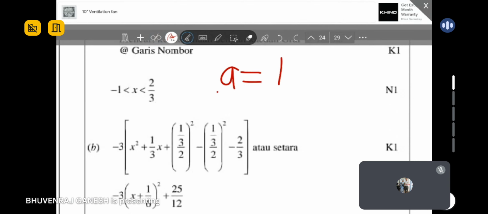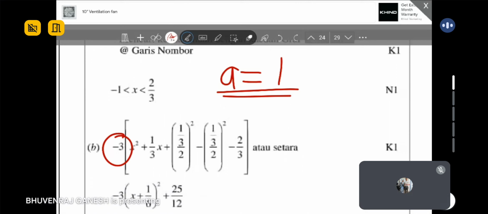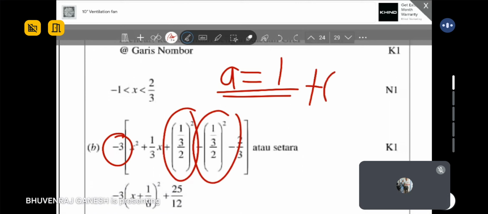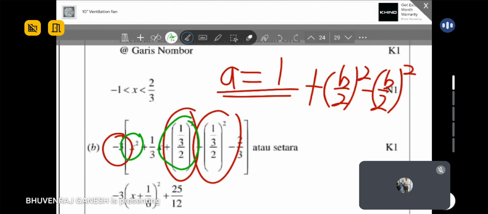Okay, nilai A ni kena sama dengan 1. That is CTS. Okay, that's why I factorize out my negative 3. You take it out. Then you add B over 2 square minus B over 2 square. This is your second step. Langkah kedua over here. And then you combine. Okay, combine the first term and the third term. Okay, gabungkan sebutan pertama dan ketiga.